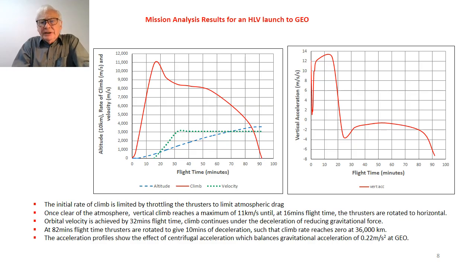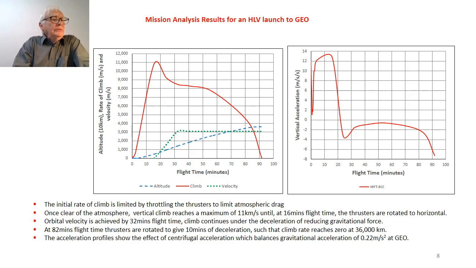Essentially, this is so that we limit the velocity through the atmosphere and therefore limit drag and limit aerodynamic effects on the payload itself, which, remember, is being hung unfaired below the horizontal attitude of the vehicle as it accelerates upwards. Now, once you're clear of the atmosphere, the vertical climb reaches a maximum of 11 kilometers per second.